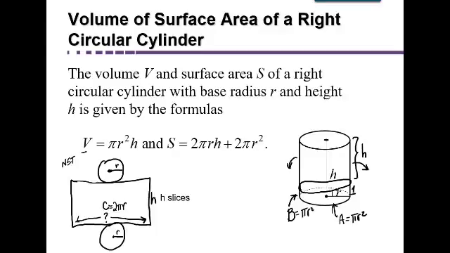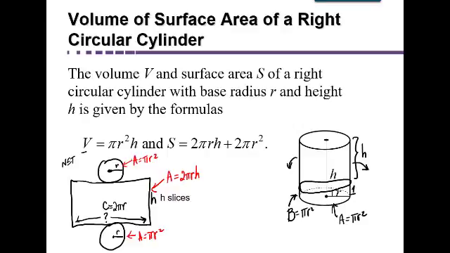This is really all the information we need to get the surface area, because the area of the top circle is going to be pi r squared, and the area of the bottom circle is going to be pi r squared, because they're circles. And then the formula for a rectangle, length times width, the area here is going to be 2 pi r, the length, times the width, which is h.